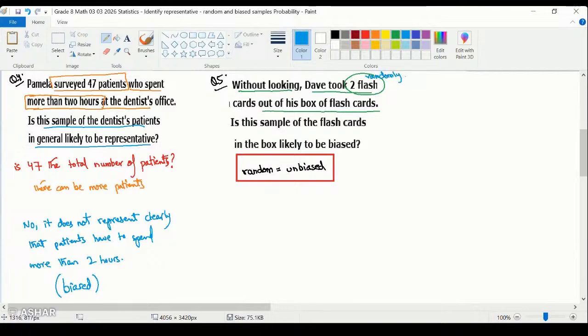Agreed? Is this sample of the flashcards in the box likely to be biased?